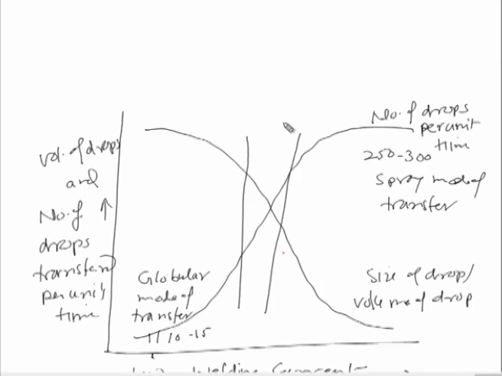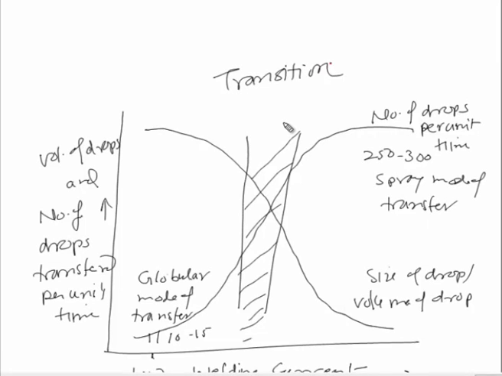The current value about which the transition from the globular mode to the spray mode takes place is called the transition current, and this transition current is found to be a function of the metal being transferred because of the electrical resistivity effect, the diameter of the electrode and the electrode extension.